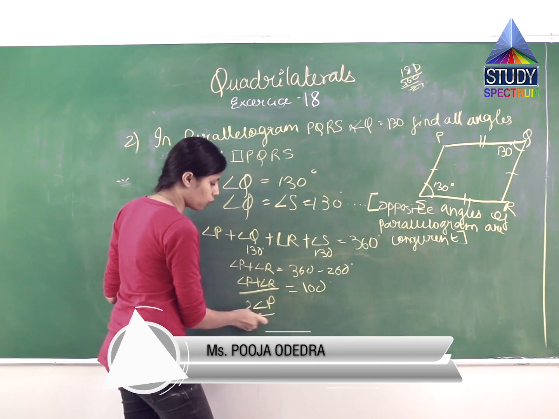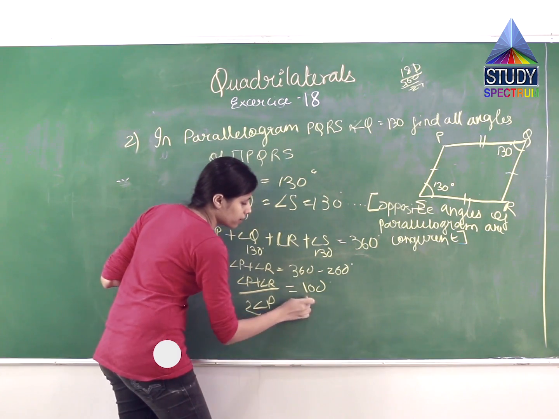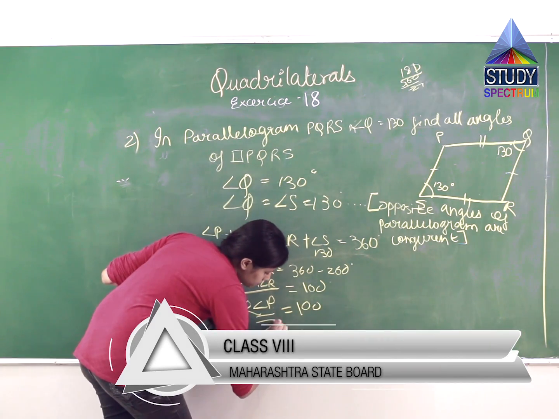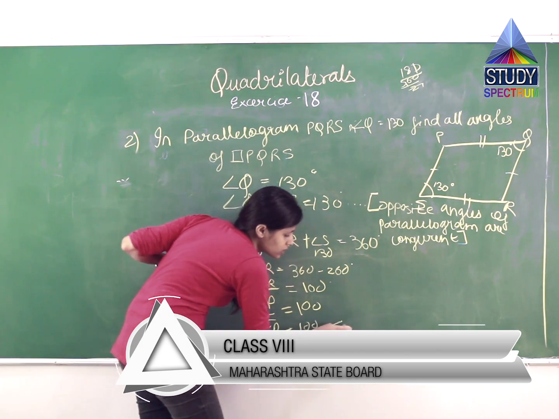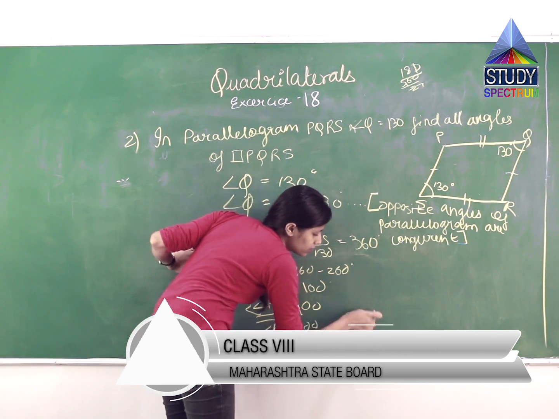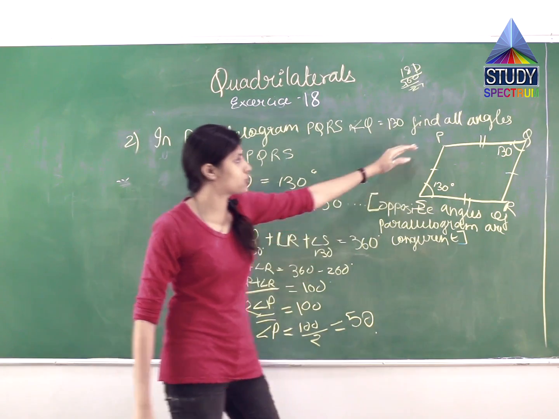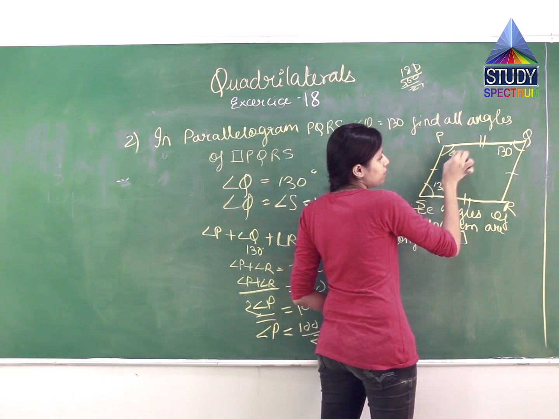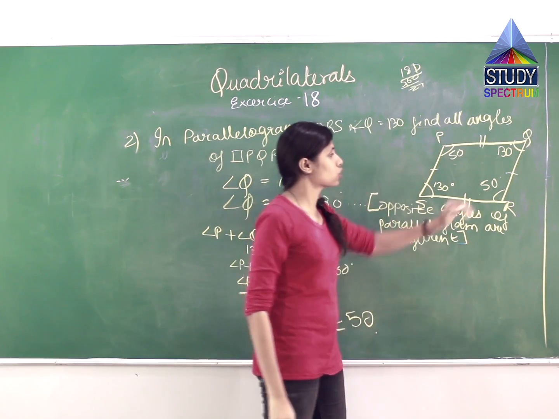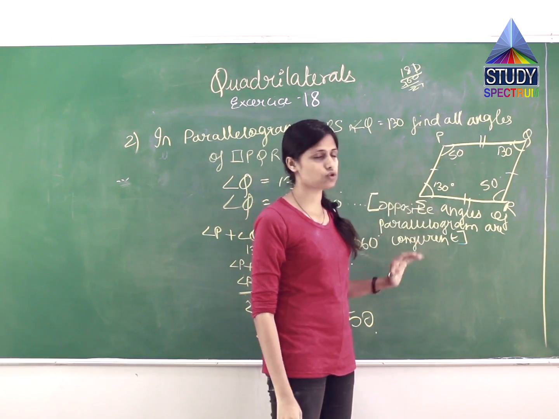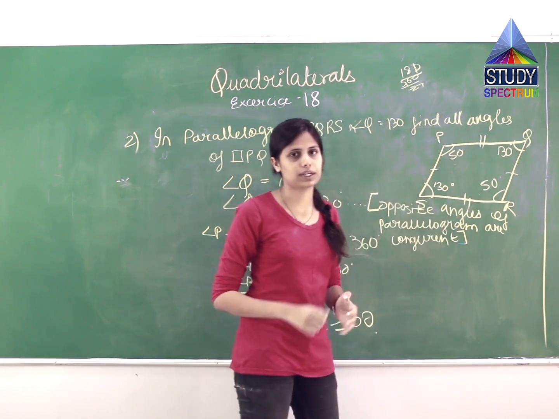So 2 angle P is equal to 100. So angle P is equal to 100 divided by 2, which is equal to 50. So the measure of this angle is 50 degrees and the measure of this angle is 50 degrees. So this comes to 130, 130, 50, 50.